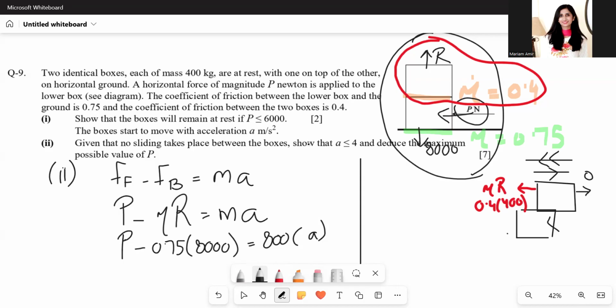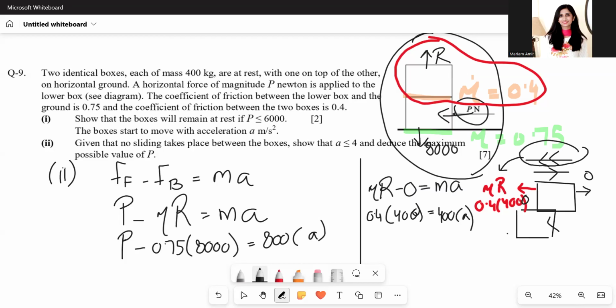Now we're going to use forward force minus backward force is equal to ma. Since the complete system is moving in this direction, we're going to take this as the forward force. Forward minus backward is equal to ma. Mu is 0.4, R is 4,000, not 400, and mass is 400 times a. This gives us 4.